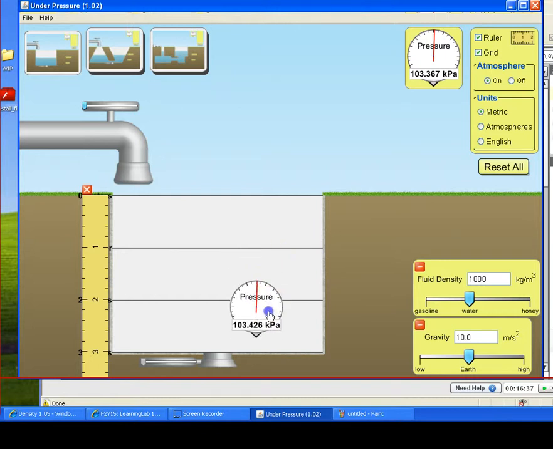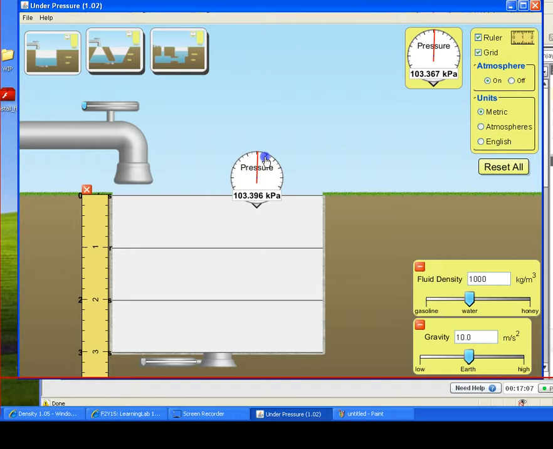And if I take it all the way down to the 3 meter mark, I get roughly 103.43. Do we agree with these readings? Okay, very good.